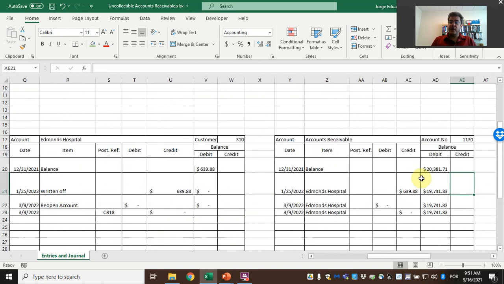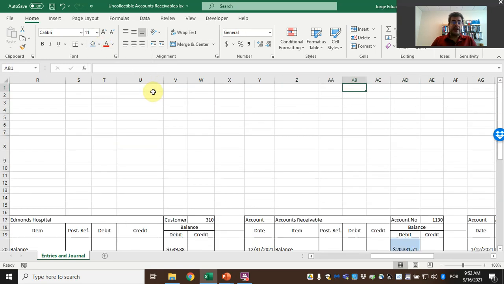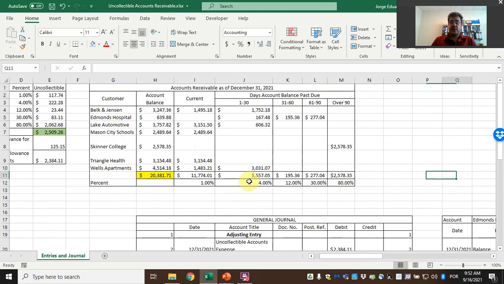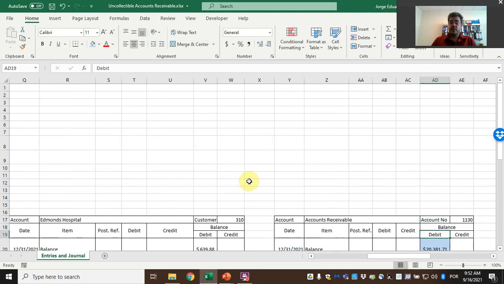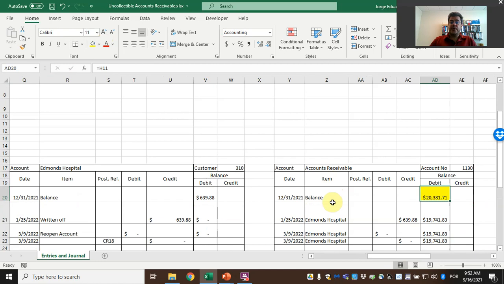And what about accounts receivable? Our beginning balance, let's work on blue here, 2381. The same 2381 here in yellow. And now we are writing off Edmonds Hospital, $639.